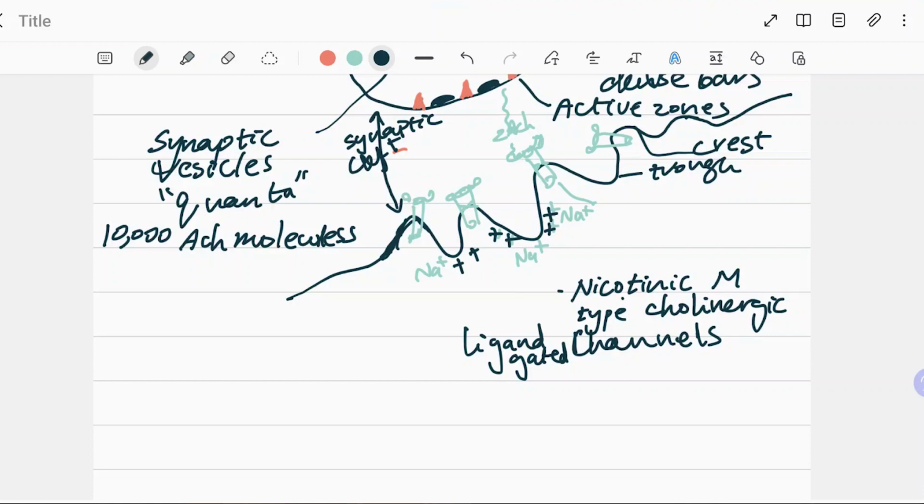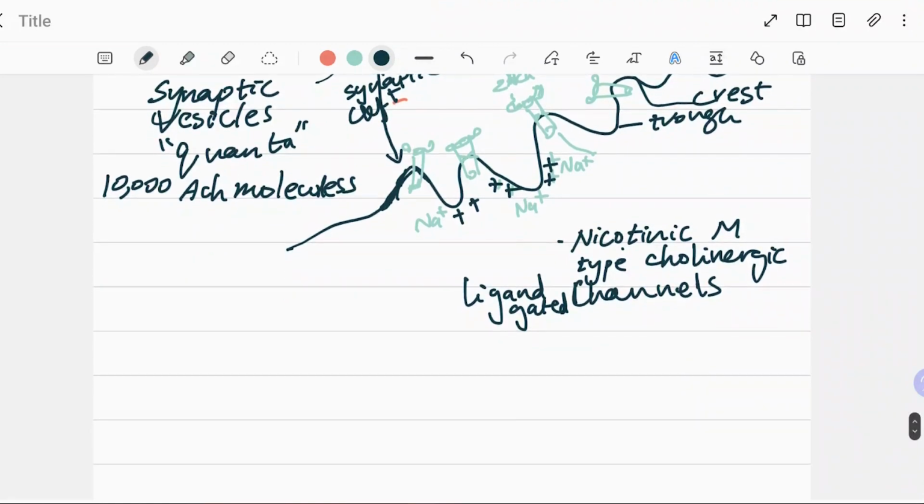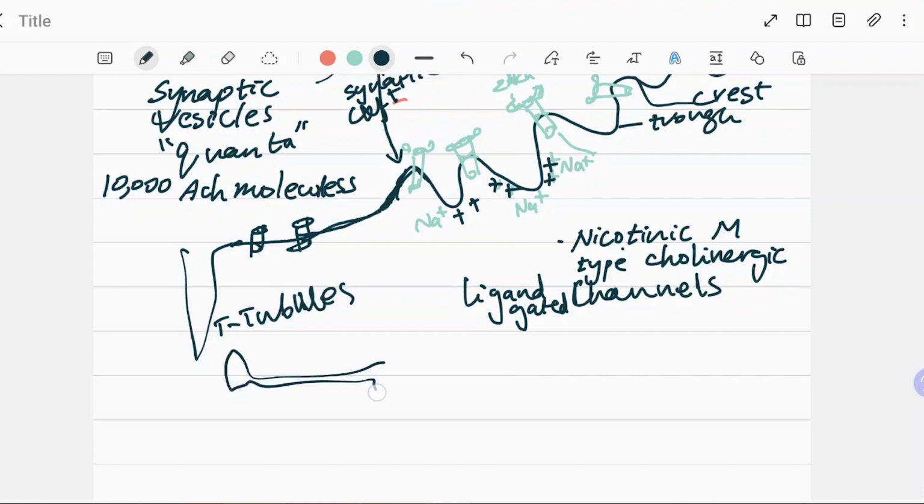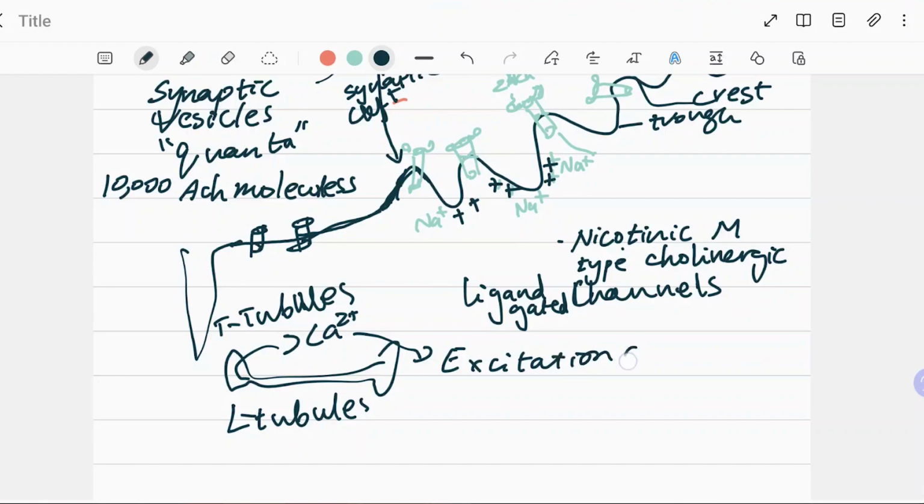Please watch the action potential video to understand how this works, and that will then spread down along the membrane of the muscle until it reaches something called the T-tubules, which will give a signal to what we call the L-tubules, which release calcium in the cytoplasm of the muscle, causing excitation-contraction coupling.